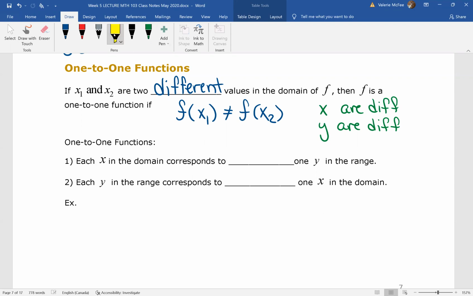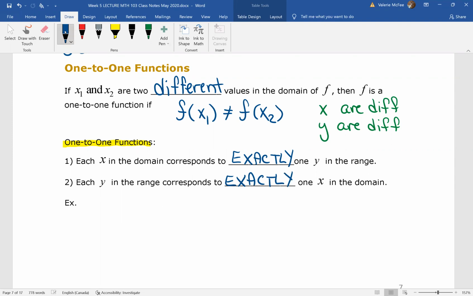So our definition of a one-to-one function has two parts. Each x in the domain corresponds to exactly one y value in the range, and each y value in the range corresponds to exactly one x value in the domain.